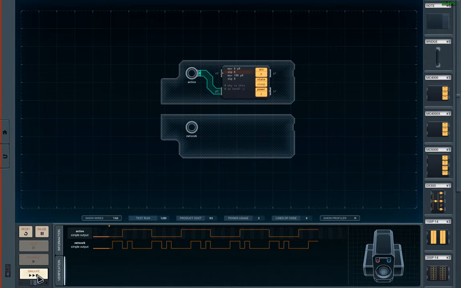You can see here if I simulate, it runs through this program here and tells me what the output is. So on the left side you have output, and you can see here that it's at 0 expected, and here it says 100, the tiny little letters.